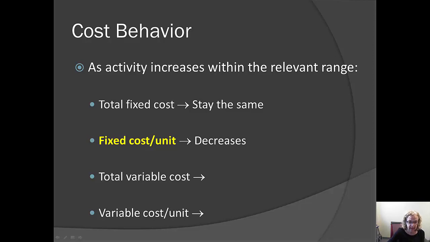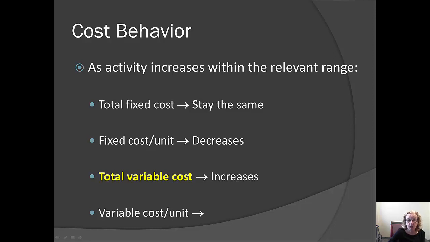We also said that total variable cost is going to increase in proportion to our level of activity. As we make more and more units, we are going to incur proportionately more of our variable costs.